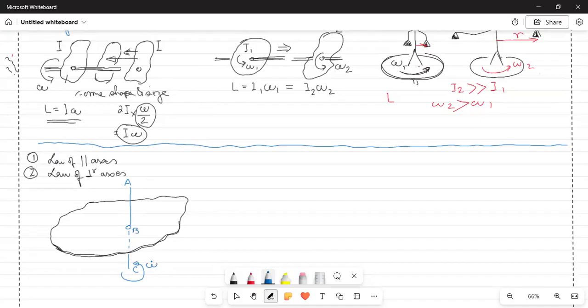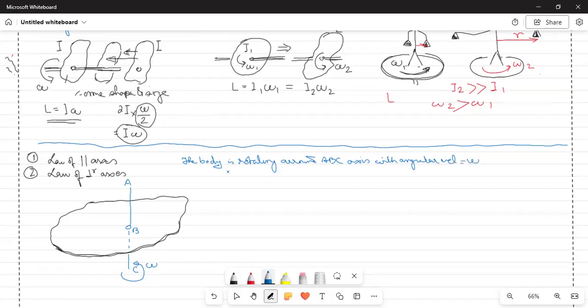The body is rotating around the axis with angular velocity omega, right?